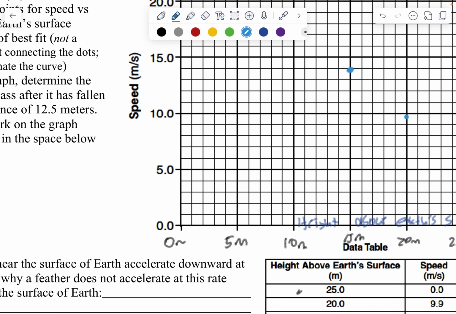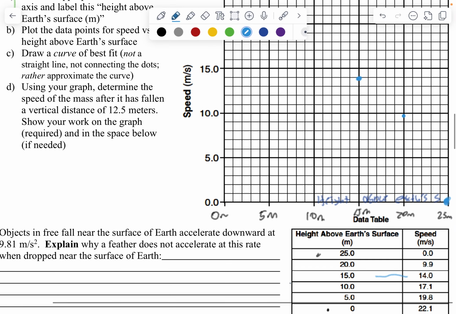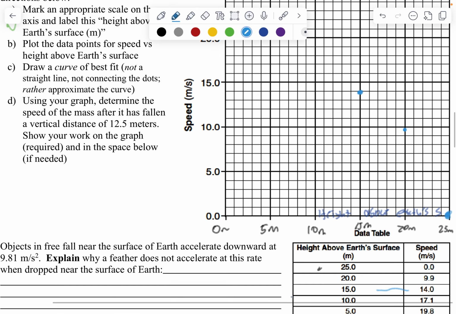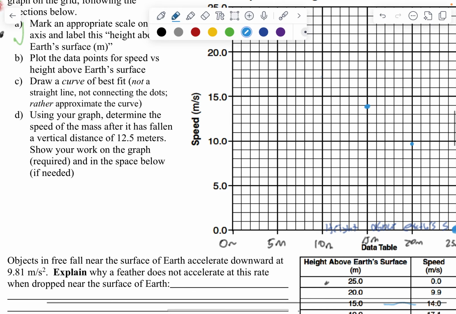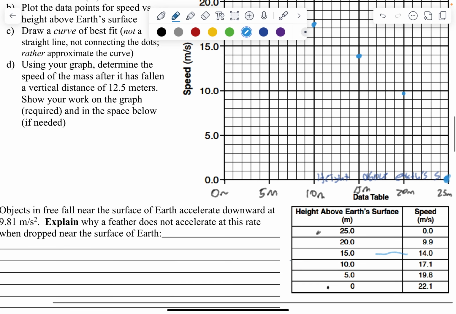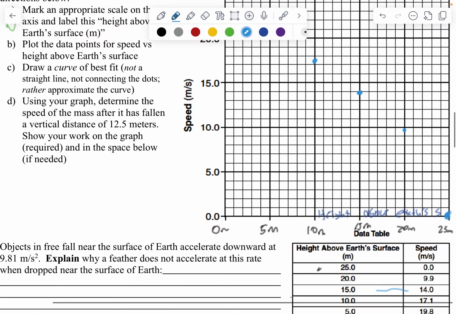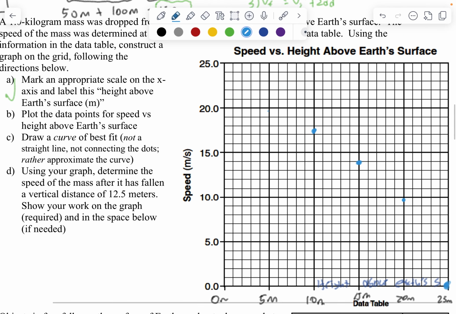Okay, and then at 10 meters, what's the speed? 17.1 meters per second. And finally, or almost finally, at 5 meters above Earth's surface, so it's almost on the surface, we have 19.8 meters per second velocity.